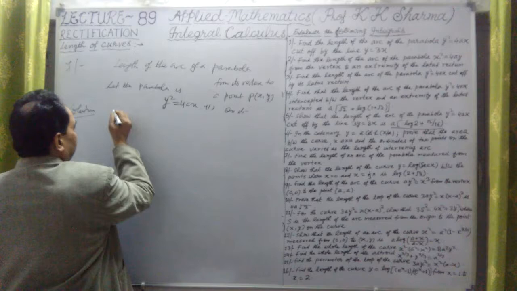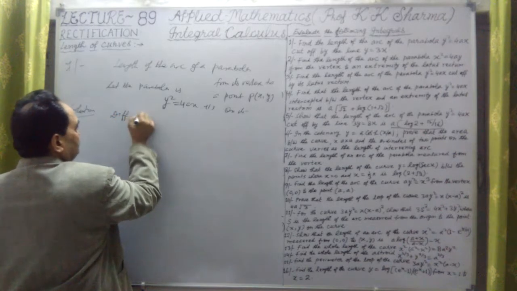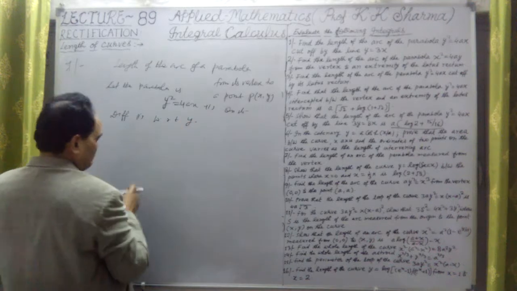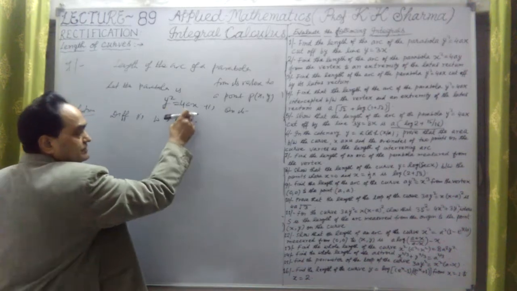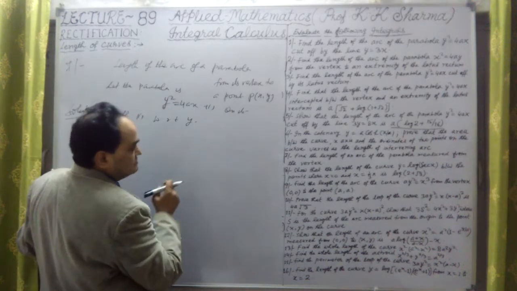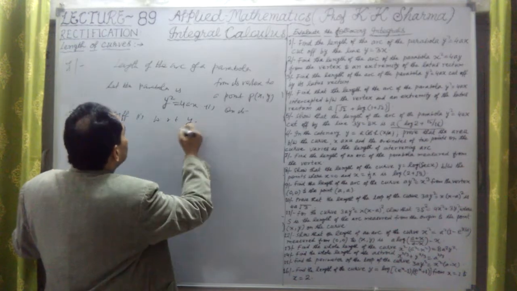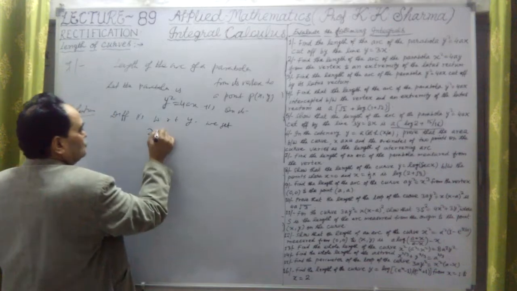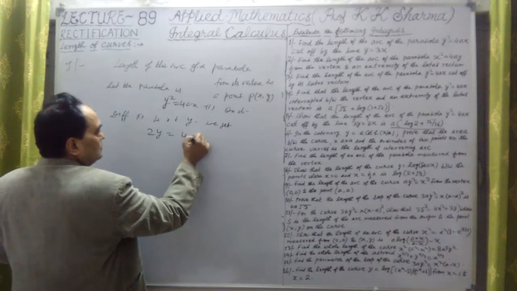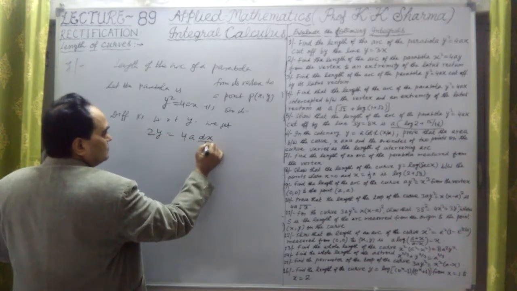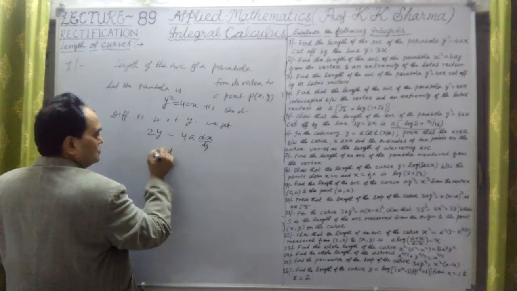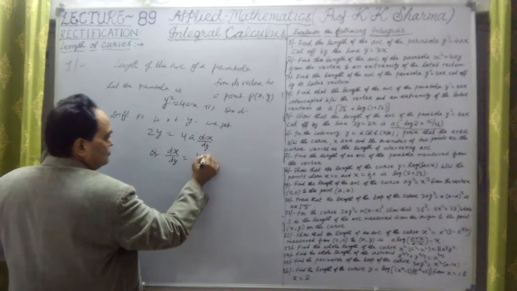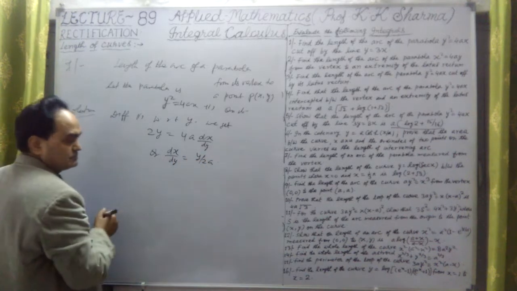Differentiating first with respect to y, because it is symmetric about the x-axis, because y is even power. With respect to y, we get 2y is equal to 4a into dx/dy, or dx/dy is equal to y upon 2a, which we have done.